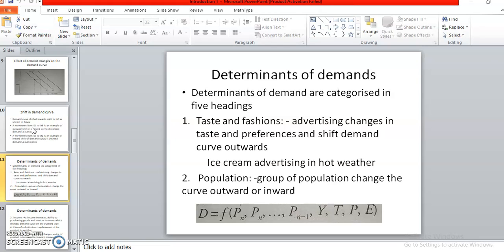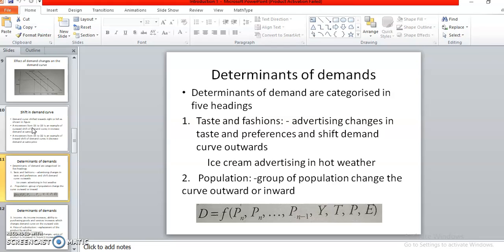Also, in fashionable wear, advertising affects and shifts the demand curve outward. So taste and fashion affect demand, and we can influence them through advertising.